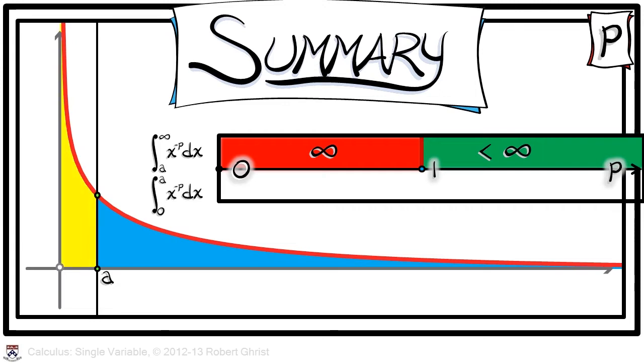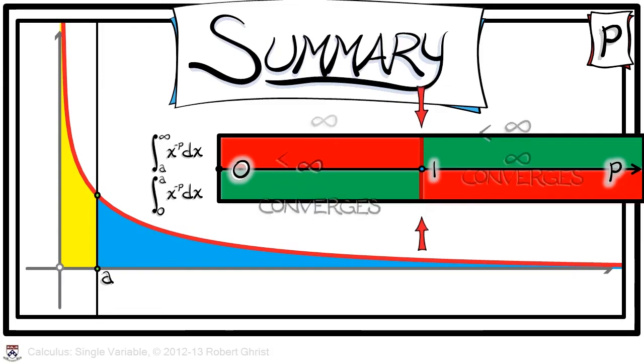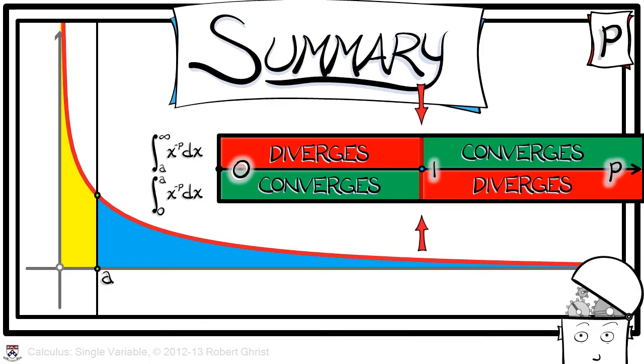For a blowup singularity at 0, these are reversed, and we get a convergent integral when p is less than 1, and a divergent integral when p is bigger than or equal to 1. Note that at the particular value of 1, it's always divergent, no matter whether you're going from 0 to 1 or from 1 to infinity.